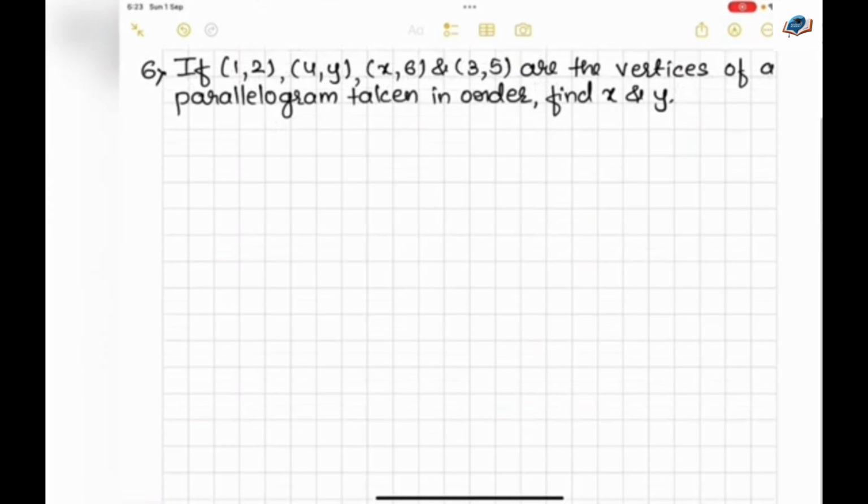Now next question says, if 1 comma 2, 4 comma y, x comma 6 and 3 comma 5 are the vertices of a parallelogram taken in order, find x and y.